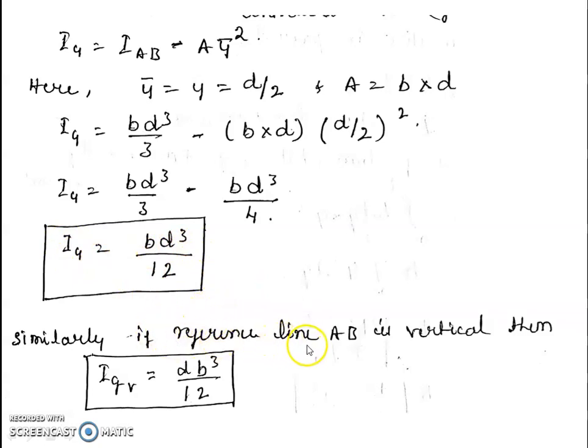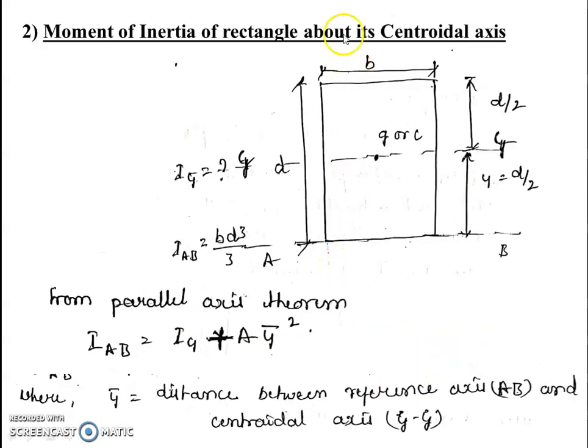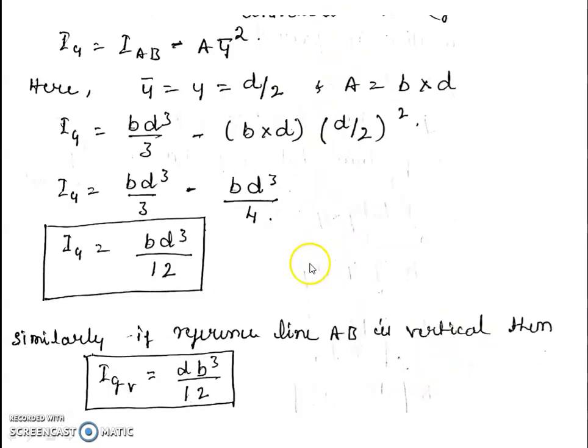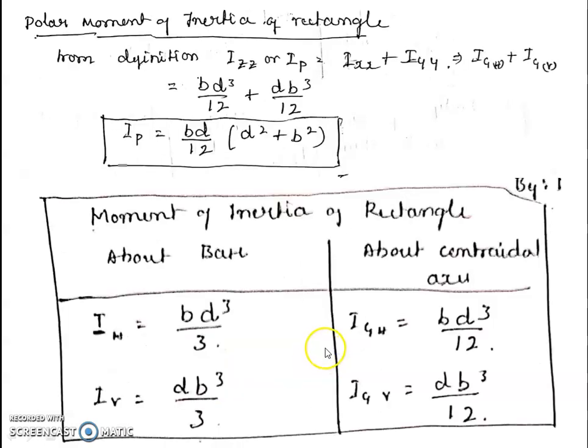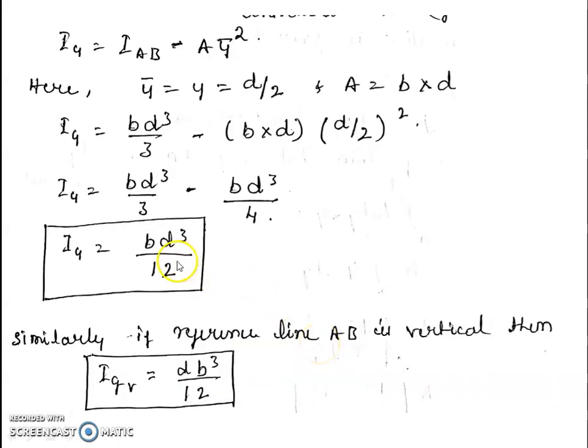Similarly, if I take the reference axis AB as vertical, then I_G, the moment of inertia of the rectangle about the vertical centroidal axis, is given by d b cube by 12. Instead of d cube, here it becomes b cube. That is the only difference. This one we have to remember. The moment of inertia of a rectangle about its centroid is given by b d cube by 12.